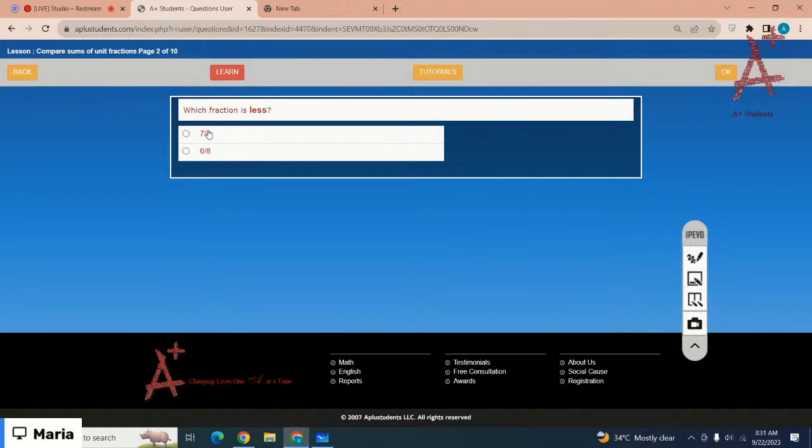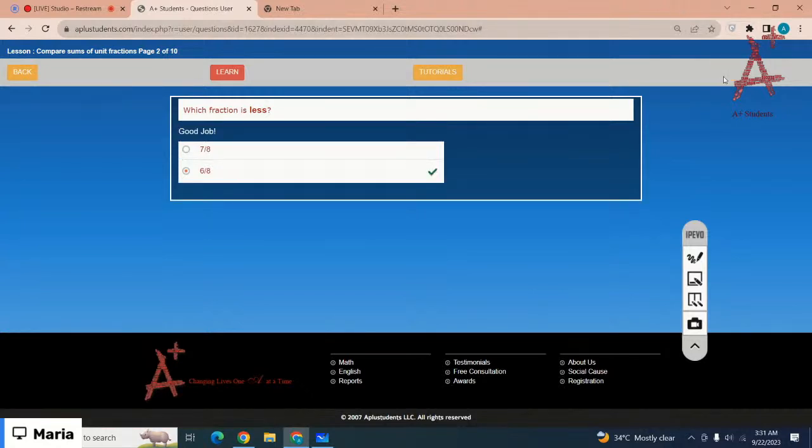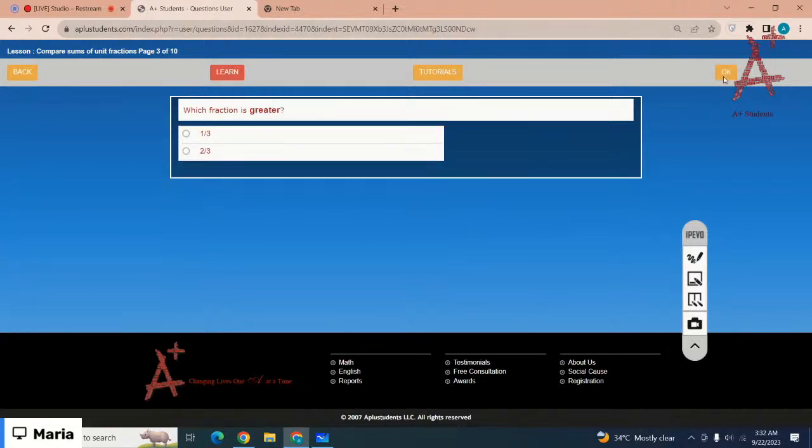You just have to look at the numerator. The one that has the smaller numerator is less. So 6 by 8 is less than 7 over 8. Very good. Which fraction is greater? Which is the correct option? 1 by 3, 2 by 3.